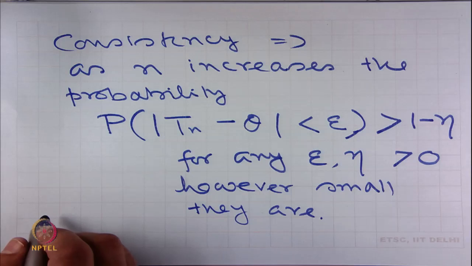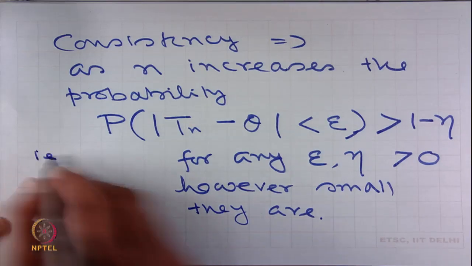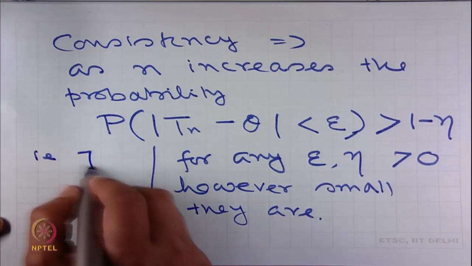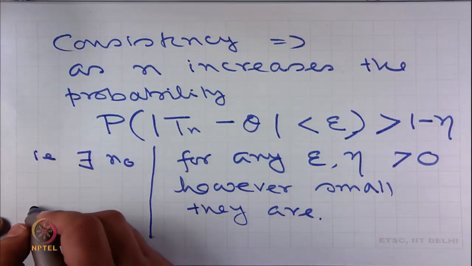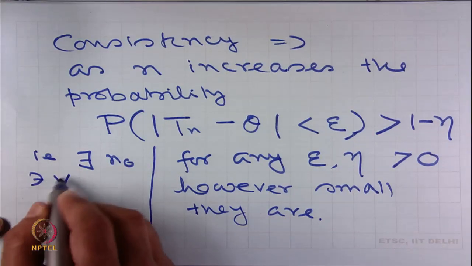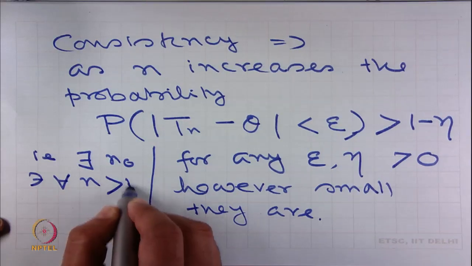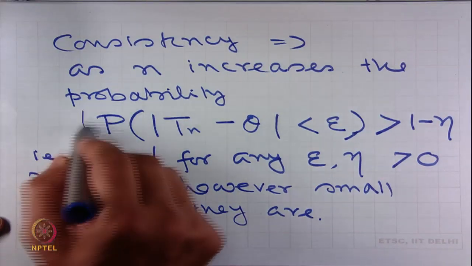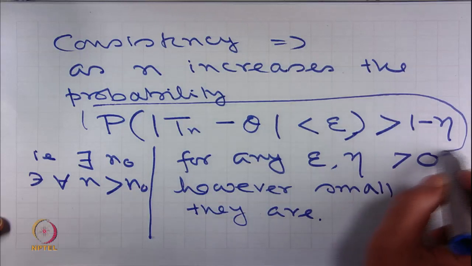Or in other words, there exists an n naught such that for all n greater than n naught, this property holds.